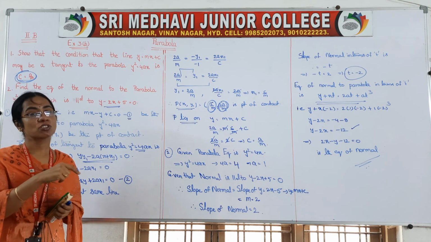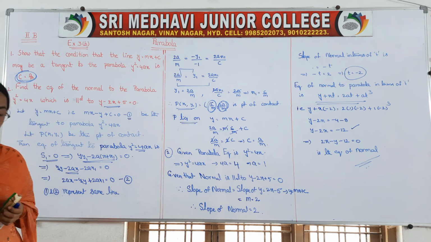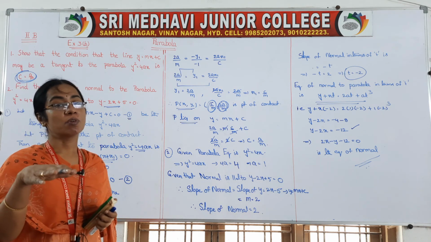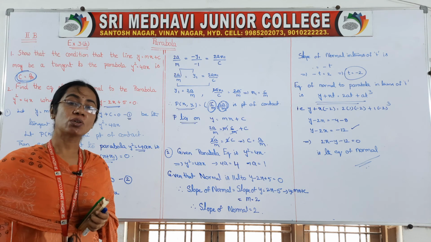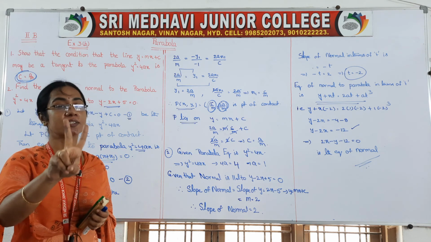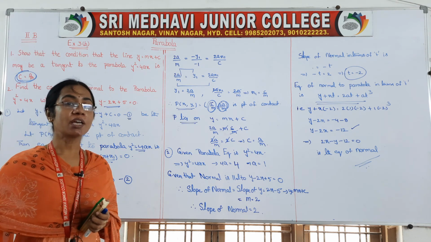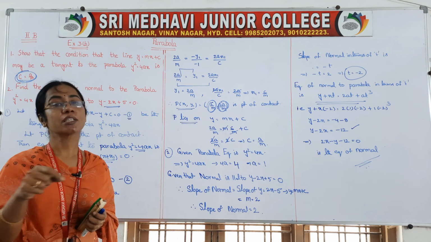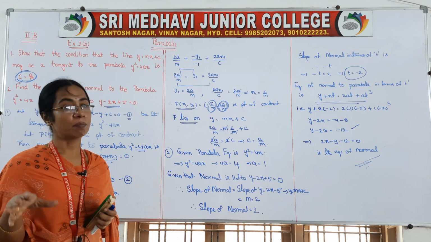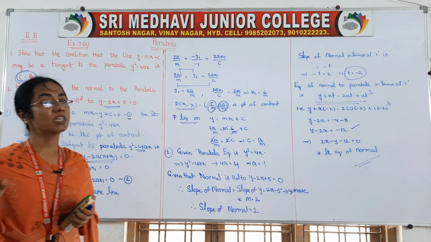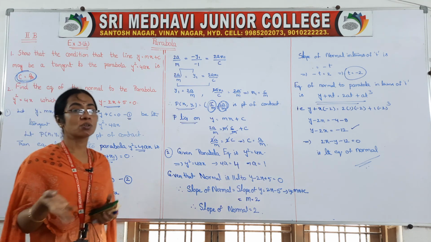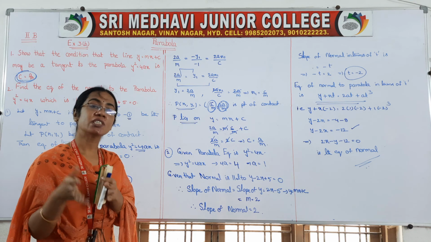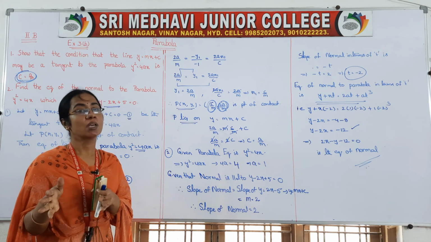In the next question, it is given that the normal of the parabola is parallel to another line. If two lines are parallel, their slopes are equal. So with this concept, you will get the slope of the normal. Slope of the normal is equal to slope of that line which is parallel to the normal.